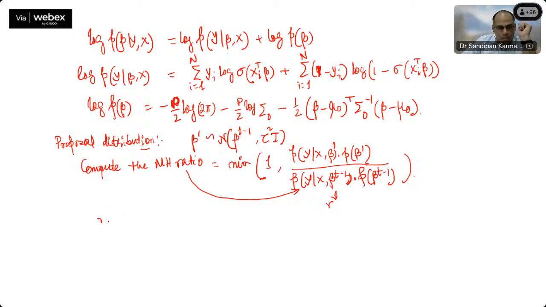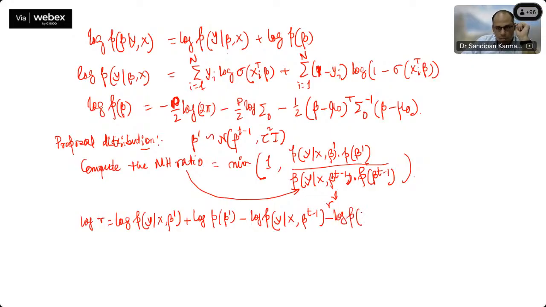So log of R is basically log of P of y given x comma beta dash plus log of P beta dash, minus log of P y given x comma beta t minus 1, minus log of p beta t minus 1.